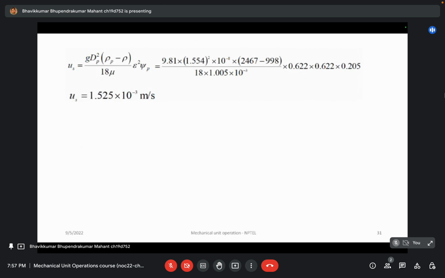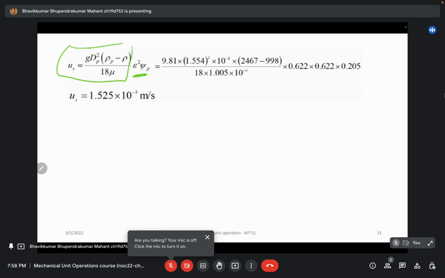Now we already have the equation of the settling velocity in suspension. So u_s is equal to g dp square delta rho by 18 mu, this is the common equation, times epsilon square times psi p. Now you just substitute the values: 9.81 into 1.554 whole square into 10 to the power minus 8, and the density difference.